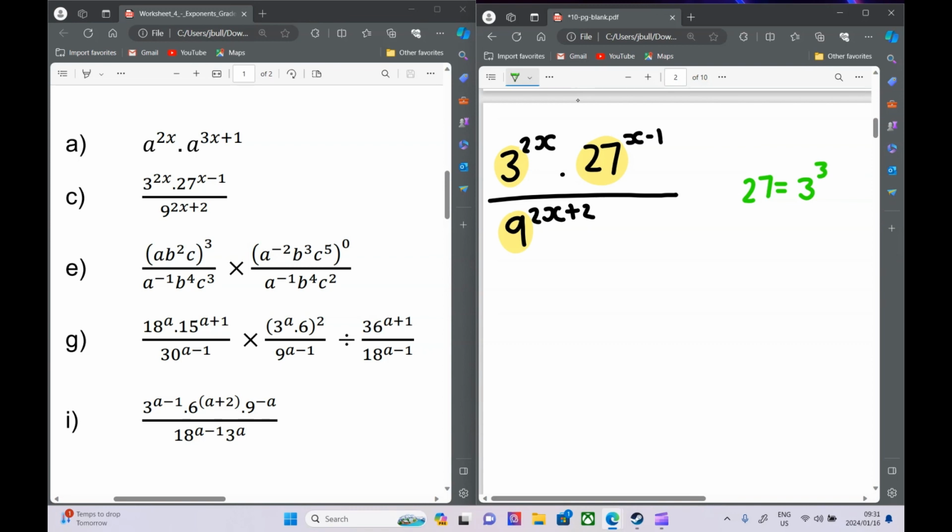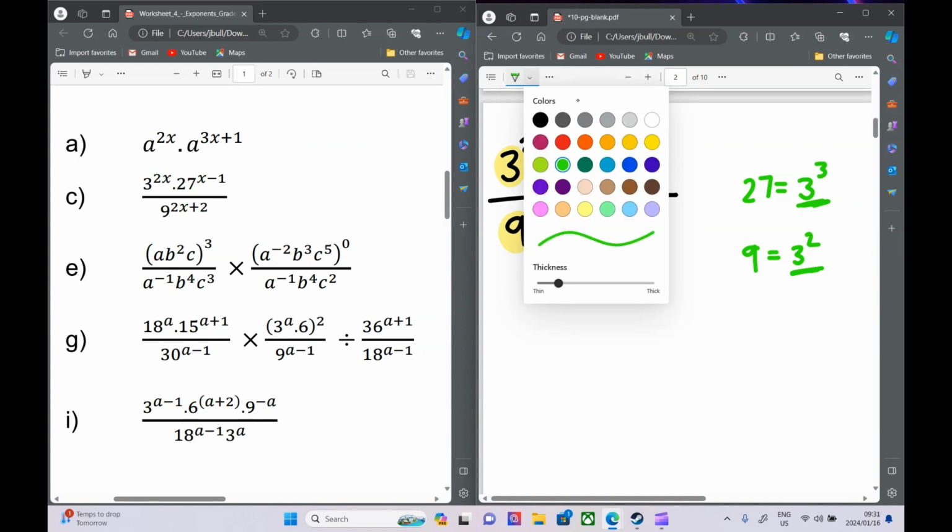Because if I go 3 times 3 is 9, times 3 again, it's 27. So wherever there's 27, I'm going to write this 3 to the power of 3. The same for the 9. Wherever there's 9, I'm going to write 3 to the power of 2. That's just something to keep in mind for these exponent ones. A lot of times, if they give us bigger numbers like this, we can break it down, rewrite it.